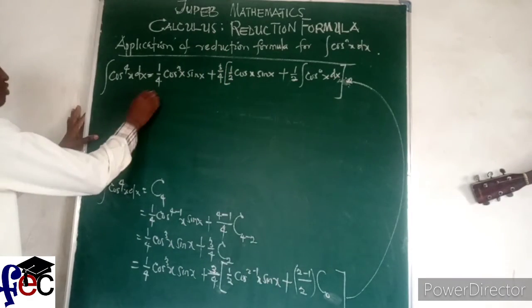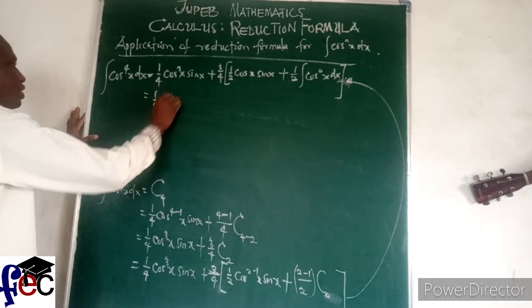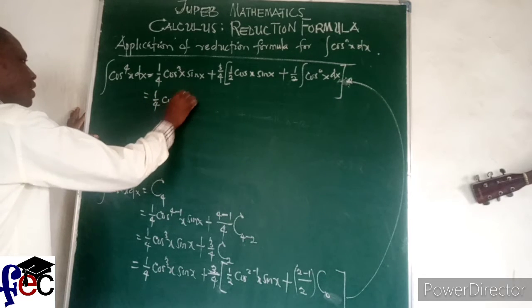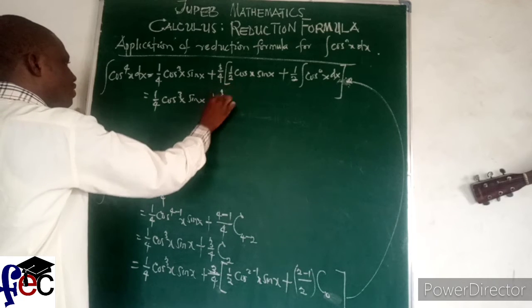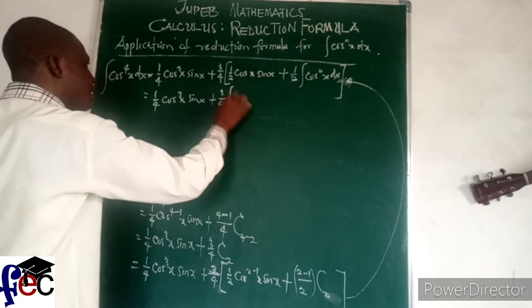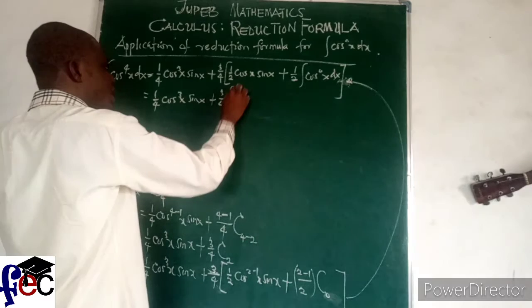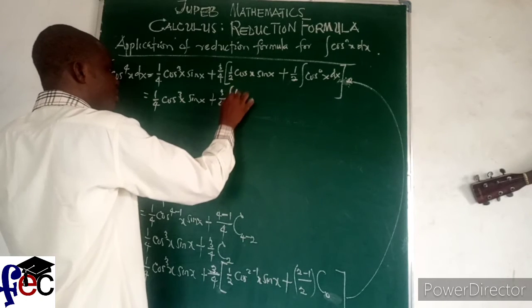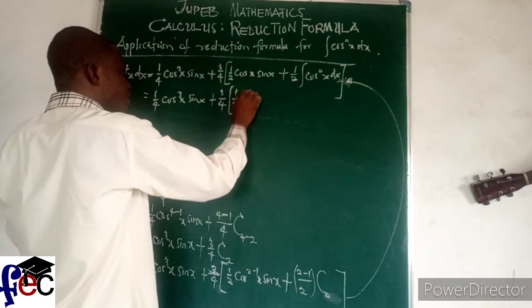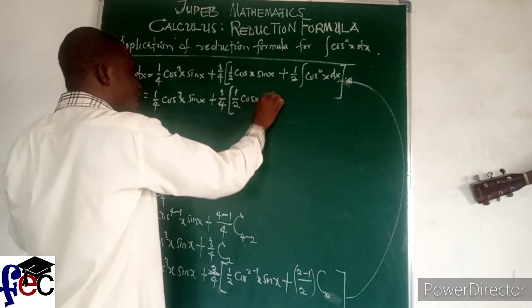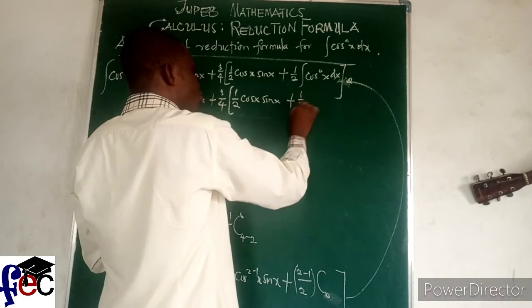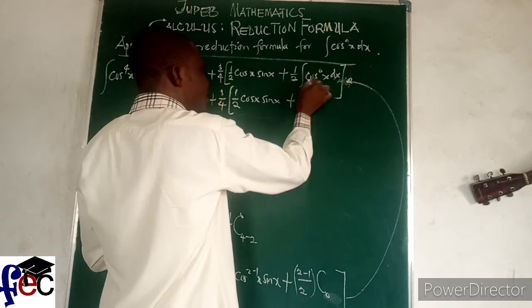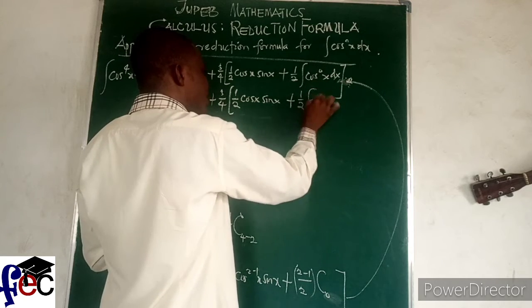Okay, so this will give me 1 over 4 cos x sin x plus 3 over 4 integral of cos x sin x plus 1 over 2. This will now become, I know this will give me 1, so I will have integral of dx.